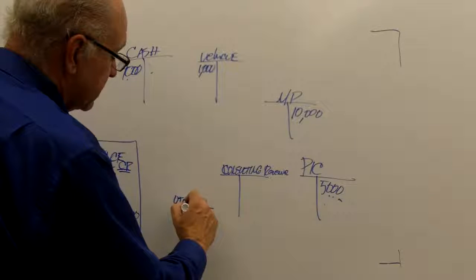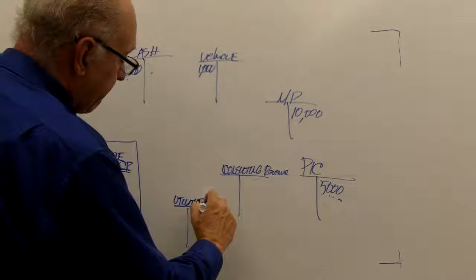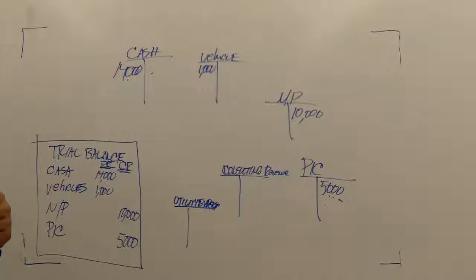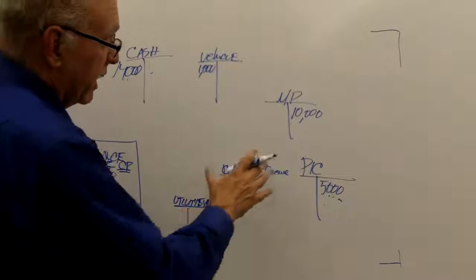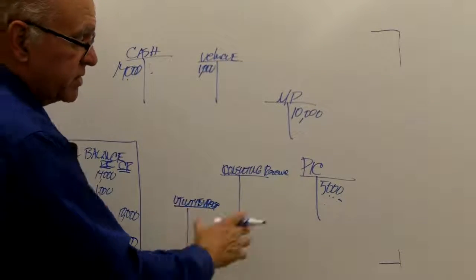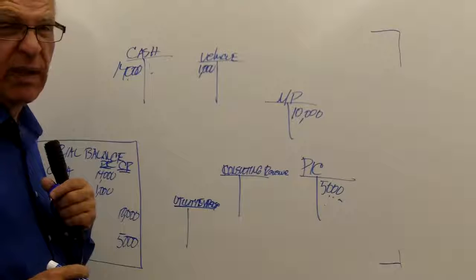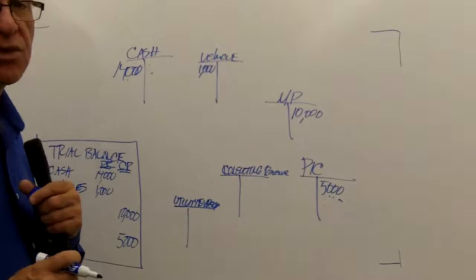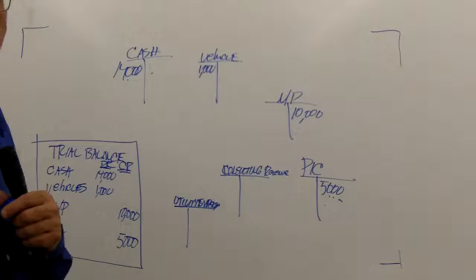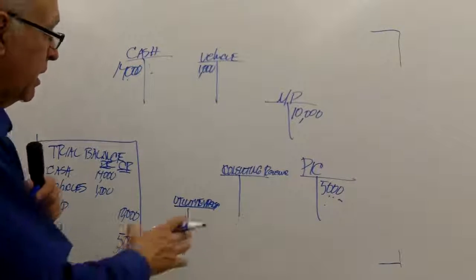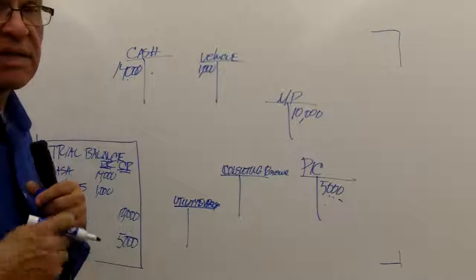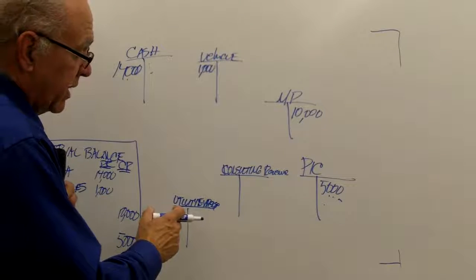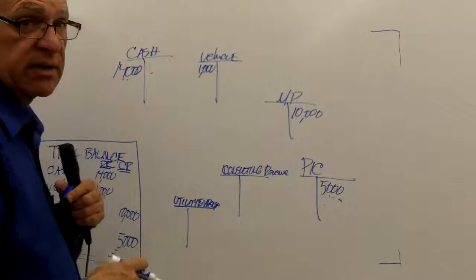So here is a utility expense. Ultimately, that decreases owner's equity. So income accounts and expense accounts behave like equity. An income account will ultimately increase equity. So when I increase an income account, I credit it. An expense account will ultimately decrease equity. So when I increase an expense account, I debit it.